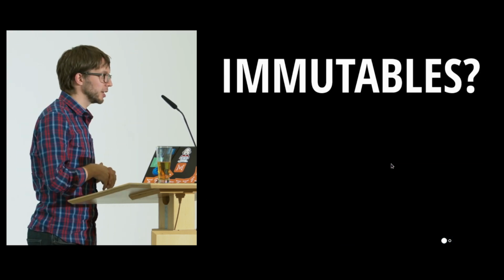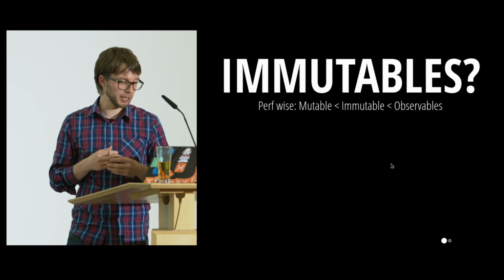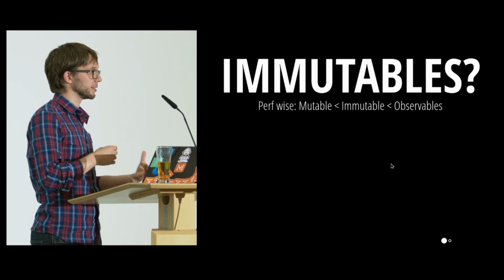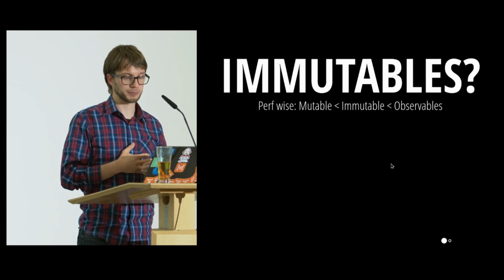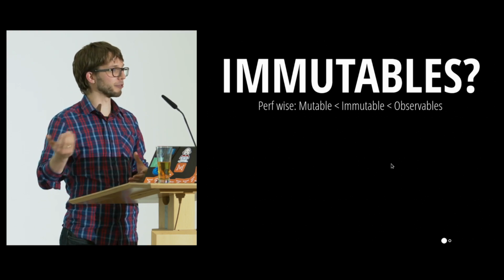And so what about immutables? People tend to tell nowadays that you need immutables if you want performance. So actually the truth is this, performance-wise: immutable objects are faster in React than mutable objects. But with observables, you get even better performance.